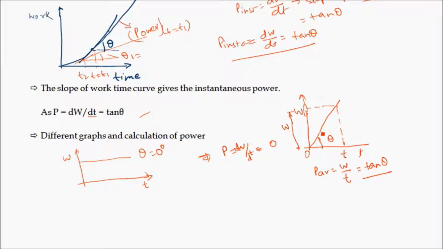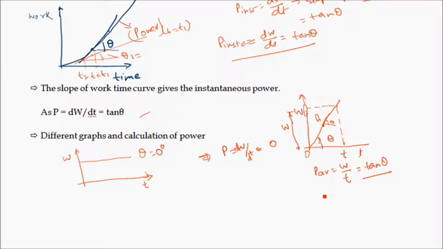Now if I consider any particular instant, shown by the point A, then the slope of the curve at this point is also making an angle theta. In fact, at any point on this line, the slope is making the angle theta.